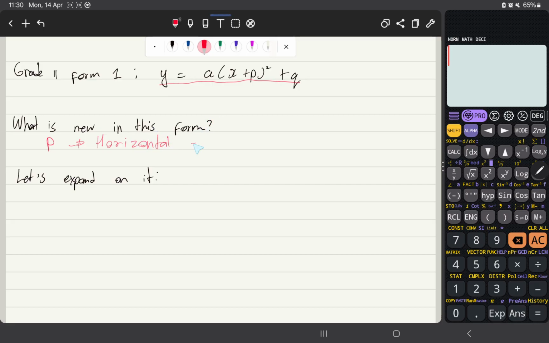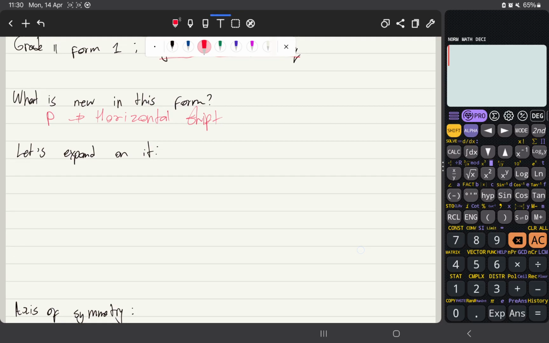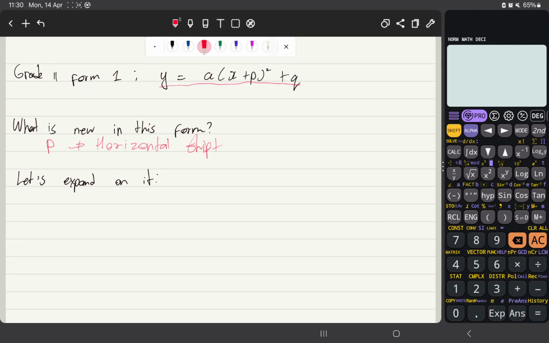Horizontal shift. What do I mean? Remember, vertical is up or down. Horizontally, then it's going to be left or right. And then with p, something that is a bit confusing is that when you see it, I'm going to make an example. This is just from my own mind.